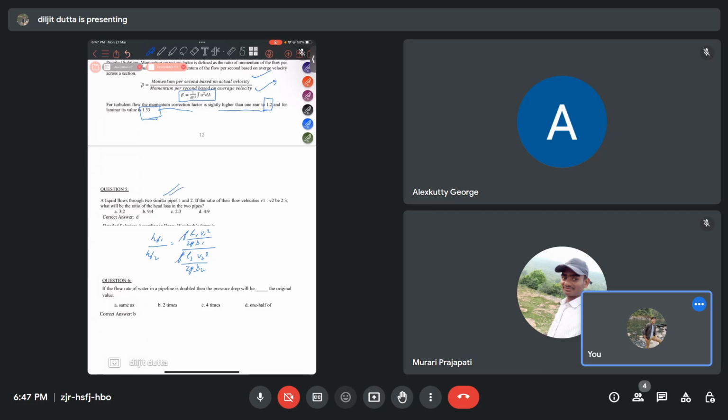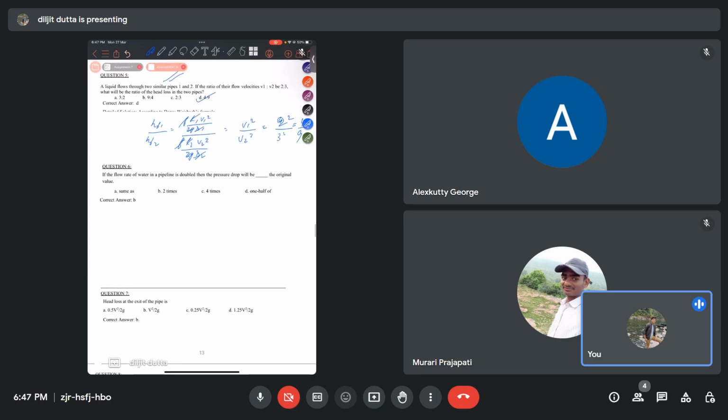So f and f are same, L1 and L2 will be same, and also D1 and D2 will be same. So this ratio will be equal to V1 square by V2 square, which is equal to 2 square by 3 square, equal to 4 by 9. These are very simple questions, I hope there are no doubts here.